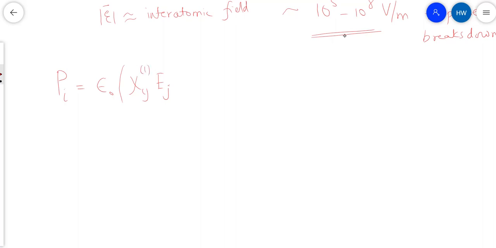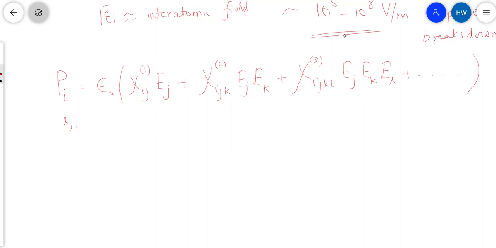Remember, this is the linear response. And then you have the next higher order response, which is governed by a tensor of a higher rank. This is a rank 3 tensor. And now you see that we started getting products of fields, plus chi3_ijkl E_j E_k E_l and so on and so forth.